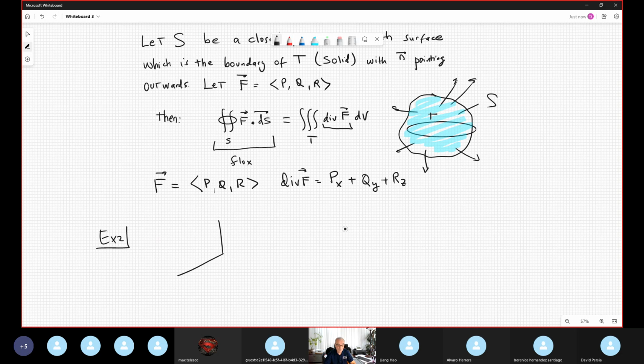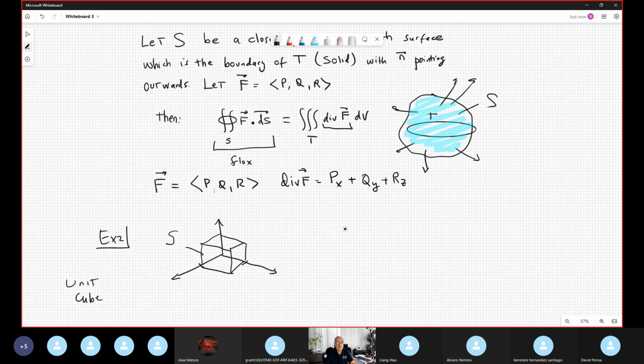Suppose that you have one closed surface formed by a unit cube in the first octant, with corners at 1, 1, 1. This is my surface.